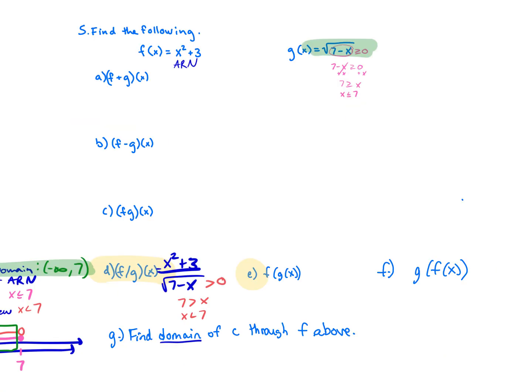All right, let's do e. So first let's find f of g of x. So what's on the inside here? G of x. So g of x is going to go inside f of x. So we have the square root of 7 minus x, squared, plus 3.